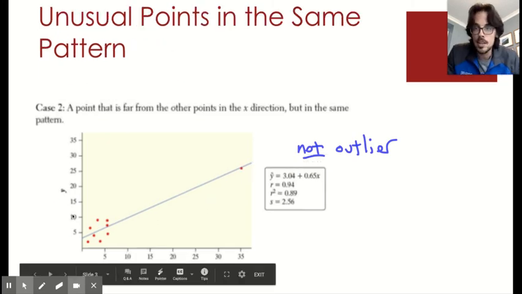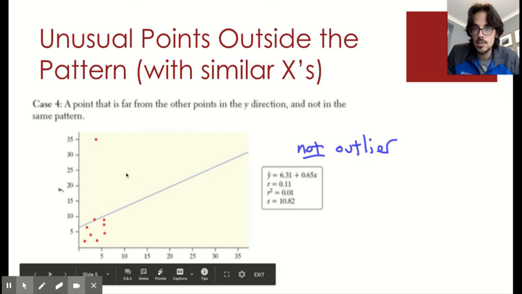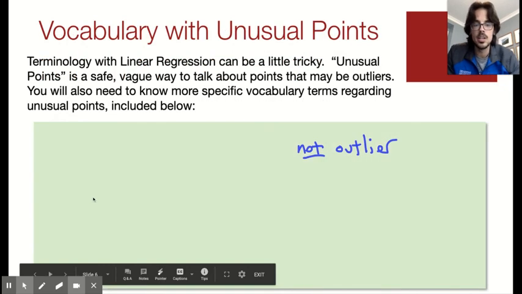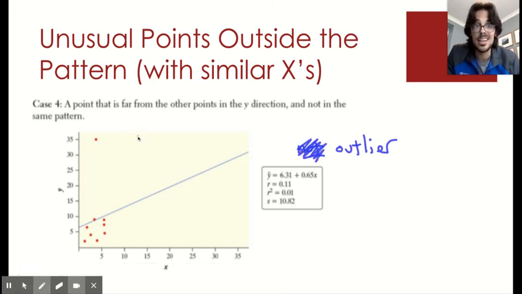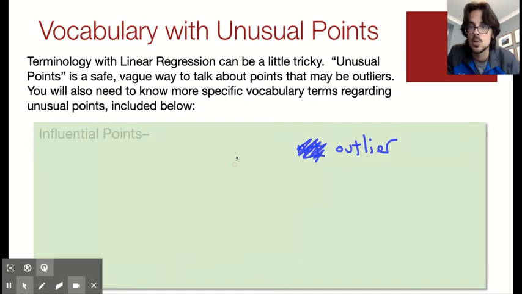And my last example here, this guy has a really big residual as well, and it does not follow the pattern of the points. So this would also be an outlier. So the first guy is not an outlier because it was in the pattern and had a small residual. I guess it was case 3 and case 4, the last 2 pictures there, both are considered outliers. So add on to your definition.